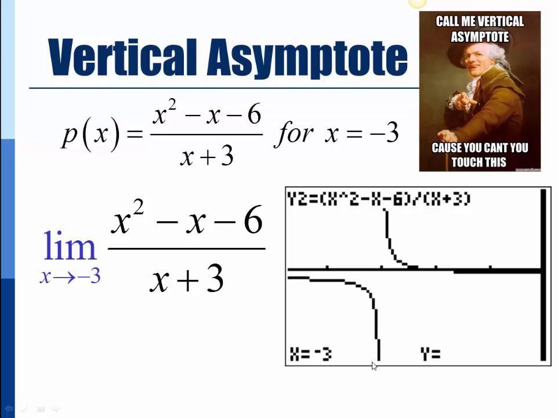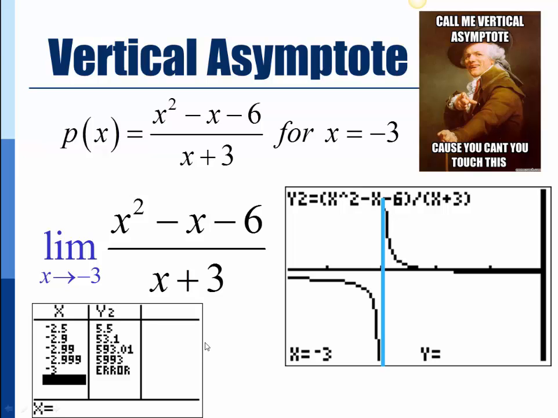So this one's just not working right for us. What we're creating here is a vertical asymptote, that vertical line at -3 in this case. We're undefined there, and the graph is zooming off to infinities.